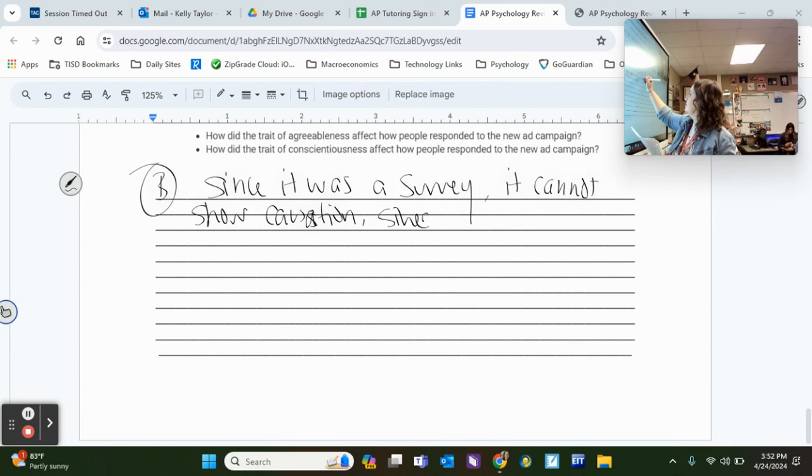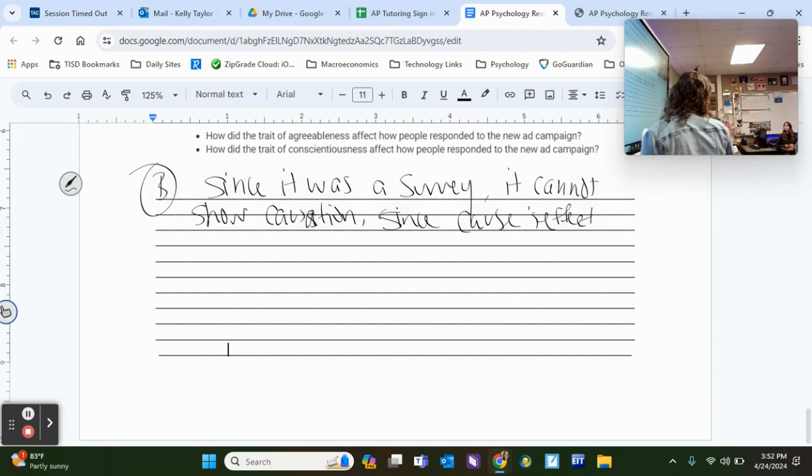Since cause and effect is a limitation of surveys. I'm going to use the word that they use because I want to make sure that they know that I know what I'm talking about. So you should try to use the words in the prompt. Yes.